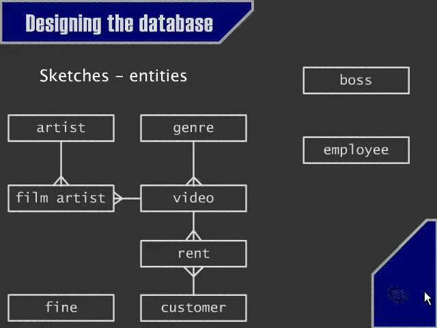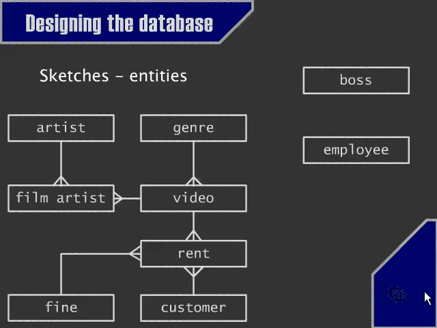This is a possible solution, and it solves the problem of the relationship between videos and customers to an extent. However, it is only a very loose and unsatisfactory solution.